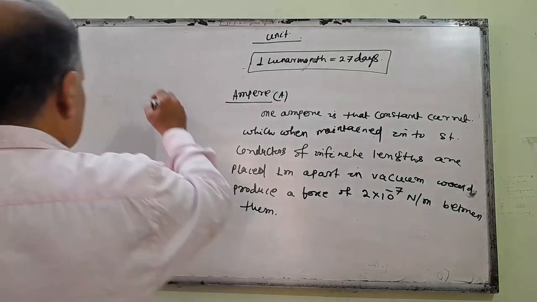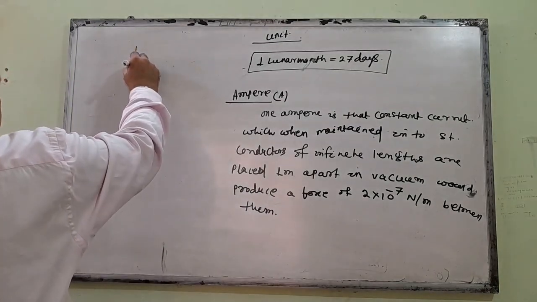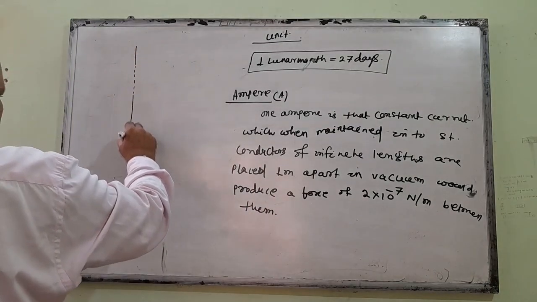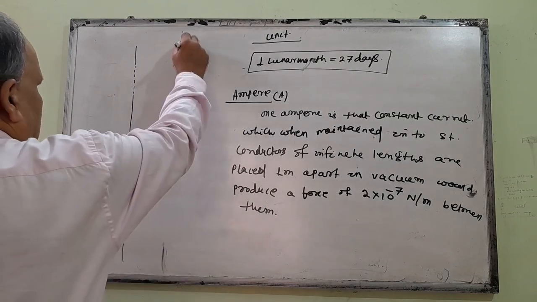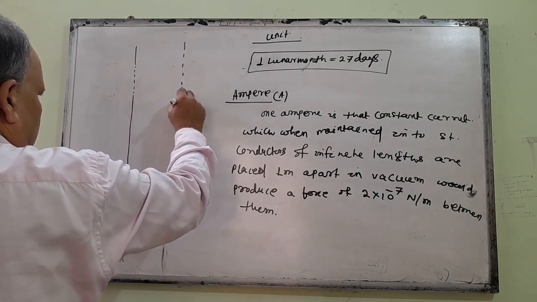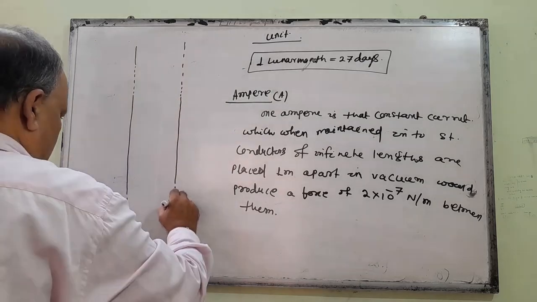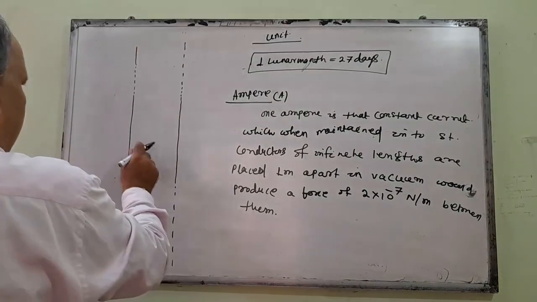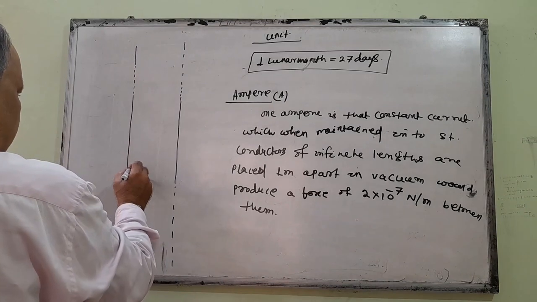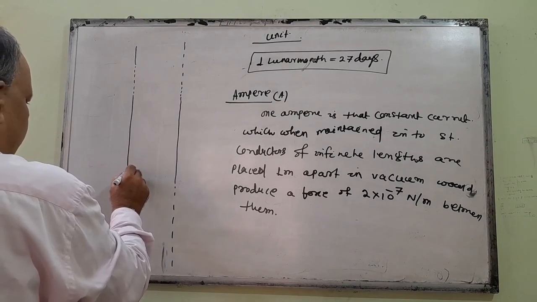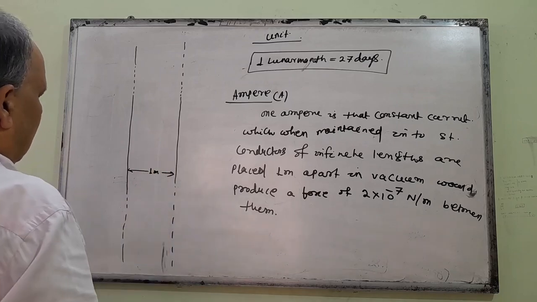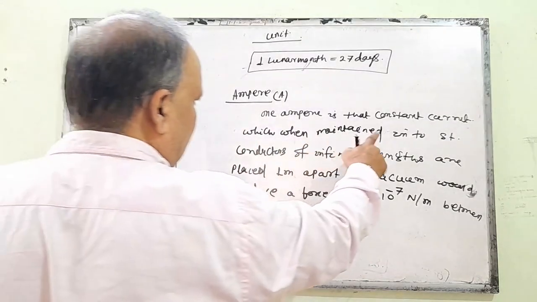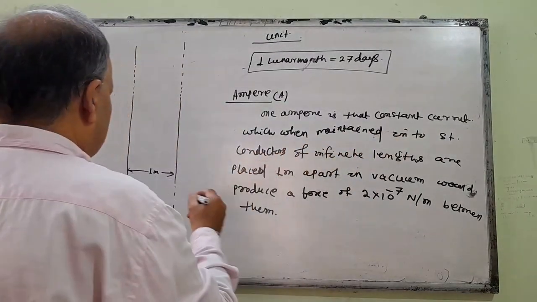You see, you take two parallel straight conductors of infinite length, and you keep them in vacuum 1 meter apart. 1 ampere is that constant current.